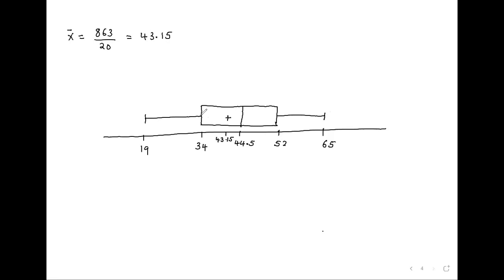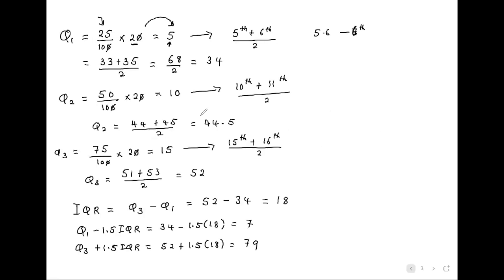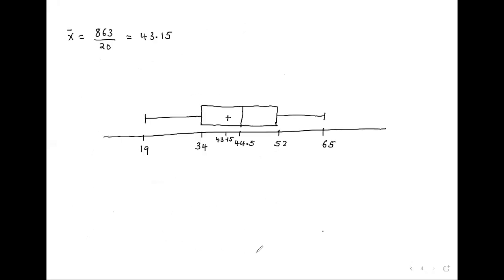This is because we don't have any numbers in our observation that are higher than 79 or lower than 7. If there was a number higher than 79, then that number would be placed after 65.